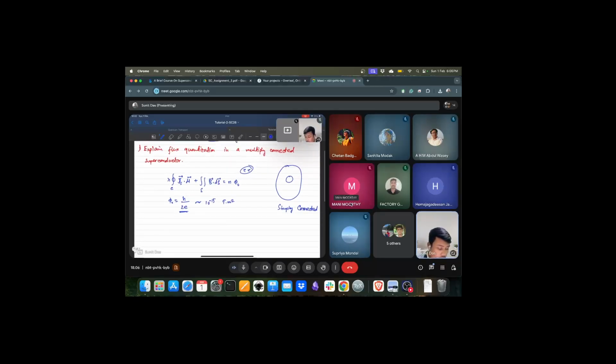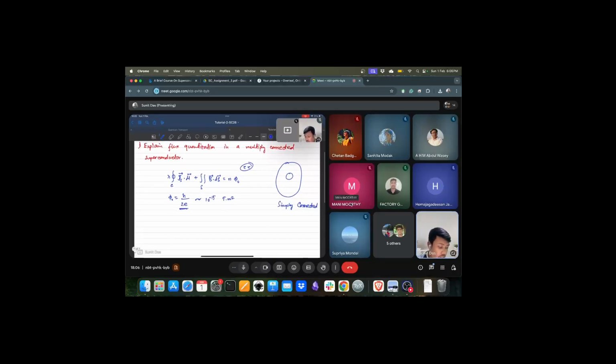And Js is the superconducting current. So let's say we have a big bulk superconducting material. Let me draw. So we have a superconducting material, and then we have some loop within the superconductor we consider. So this is, let's say, C, a closed loop, of course, and Js is the supercurrent density, and this elemental length is dl.